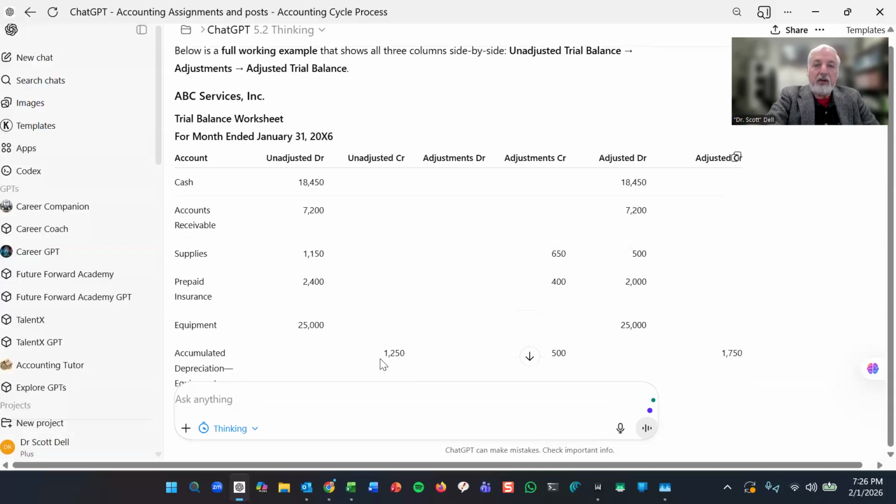And then we tie it over into our adjusted trial balance where we take our two columns, the unadjusted, then we take our two columns of adjustments, and then we end up with two columns of our adjusted trial balance. So cash isn't adjusted. Remember, I said never cash. Not going to happen. Accounts receivable, that can change.